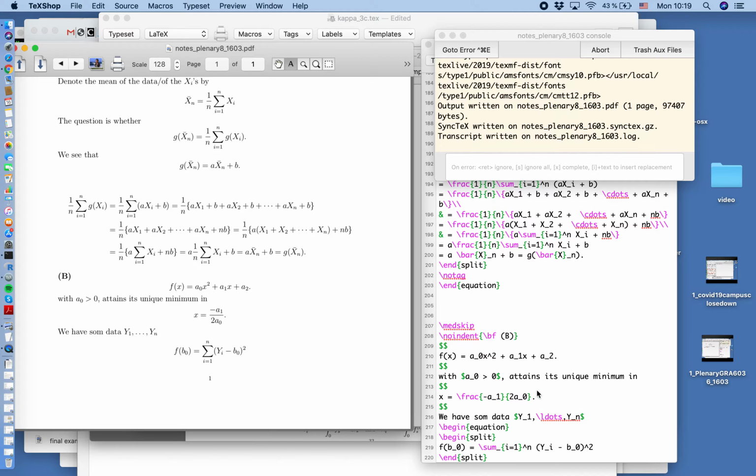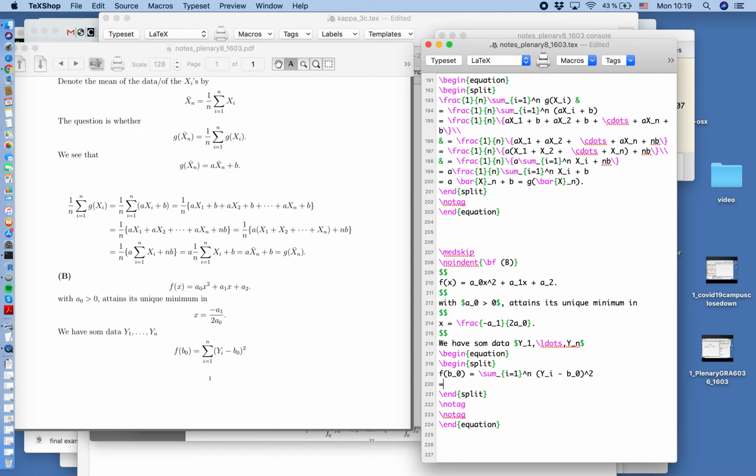I'm sorry, I thought I paused the recording here. Now we can work on this first term. We expand the squares, still using some parentheses. We get yi squared minus 2 yi b naught plus b naught.